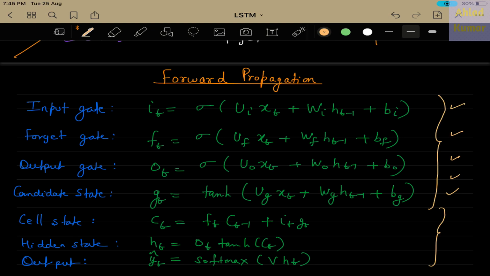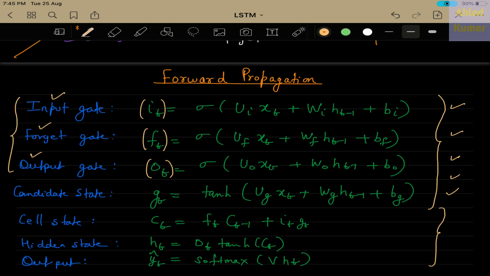If you recall, we actually have three gates which we call the input gate, forget gate and output gate, and these three gates are represented with IT as input gate, FT as forget gate, and OT as output gate.